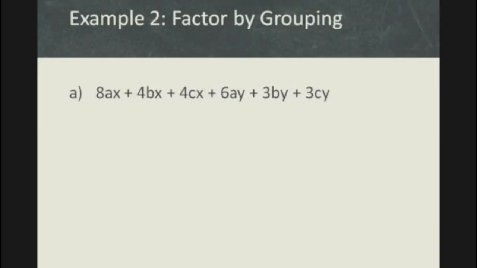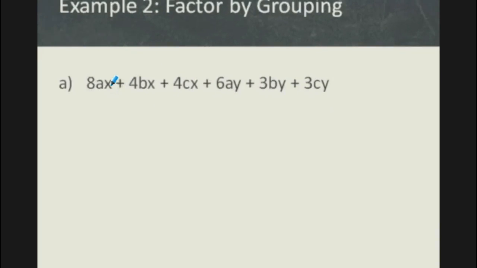What I want you to notice is that each of these terms here contain an x, and each of these terms here contain a y. So when I set up my factor by grouping, I'm going to group the first 3 terms that all contain an x, and I'm going to group my last 3 terms that all contain a y, so that I can use those as my common GCF.